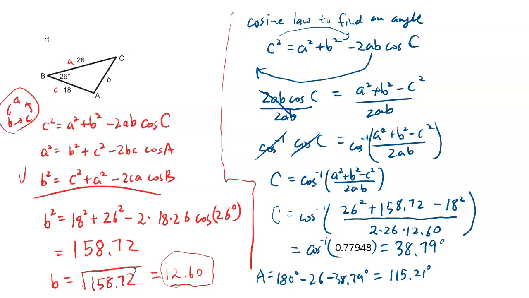Okay? So that's our answer. So we have this angle, this angle. Since the triangle was given as two sides and one angle, the answer will be one side and two angles.